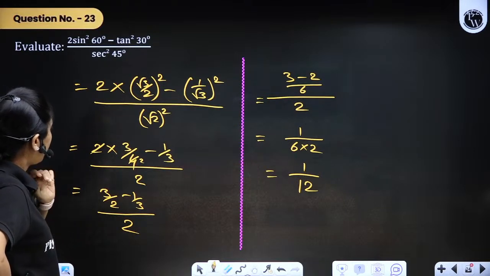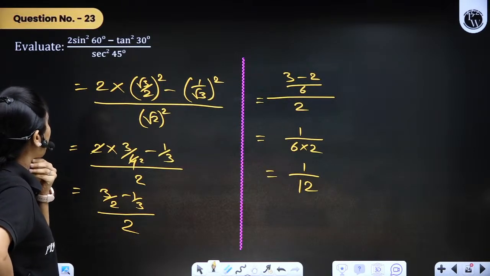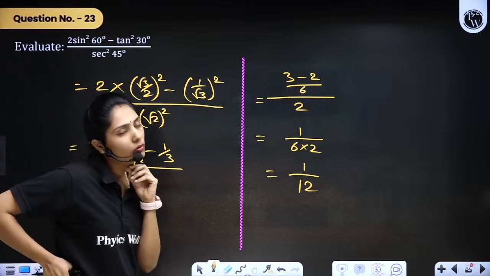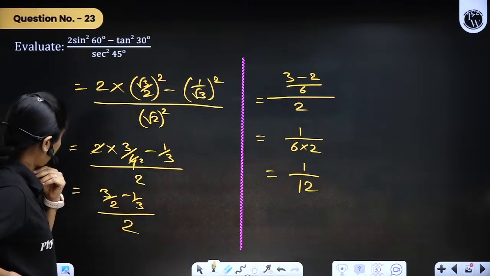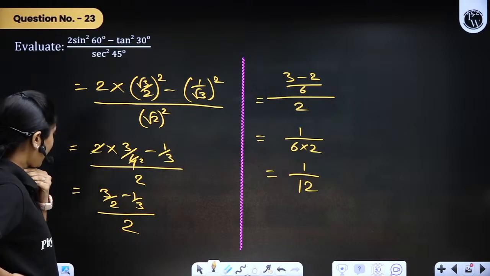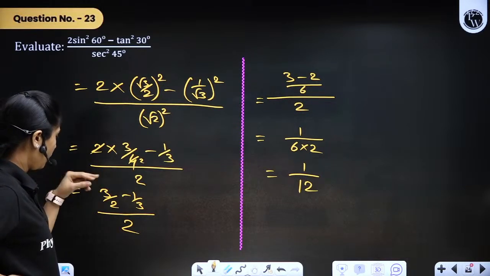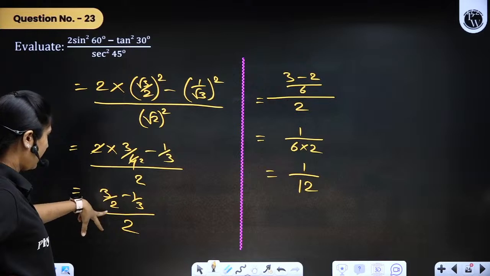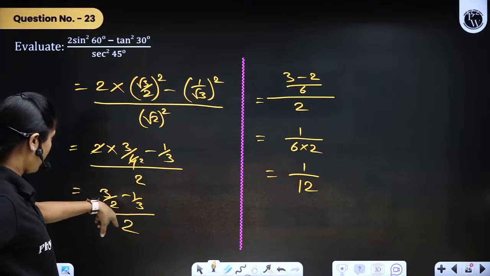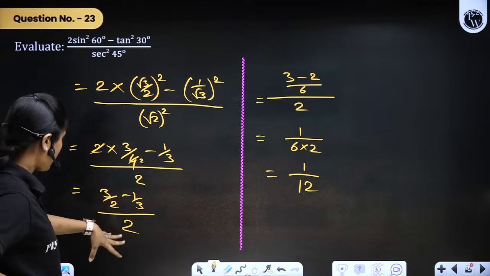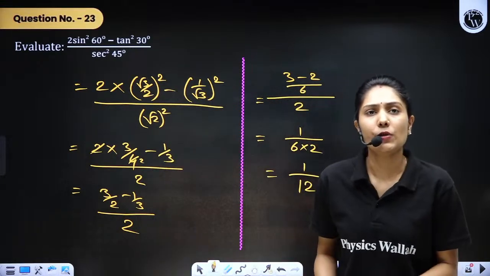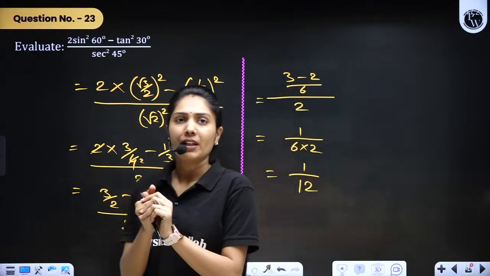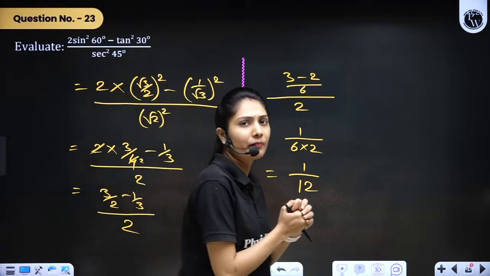So it's 1 by 3. And sec 45. Cos 45 is 1 by root 2. So sec 45 is root 2. Correct? 2 ones are 2, 2 twos are 3 by 2 minus 1 by 3 upon 2. So 3 minus 2 upon 6. 6 twos are 12. Yeah, it should be 1 by 12, beta, not 7 by 12. It should be 1 by 12 only.